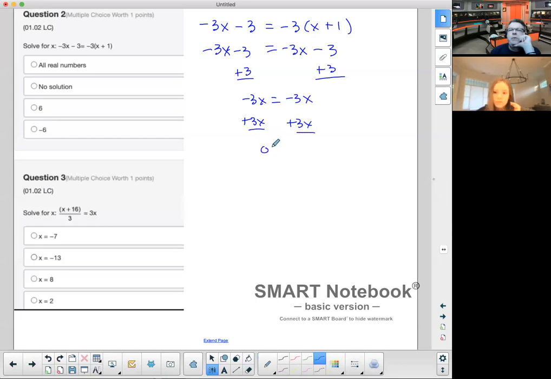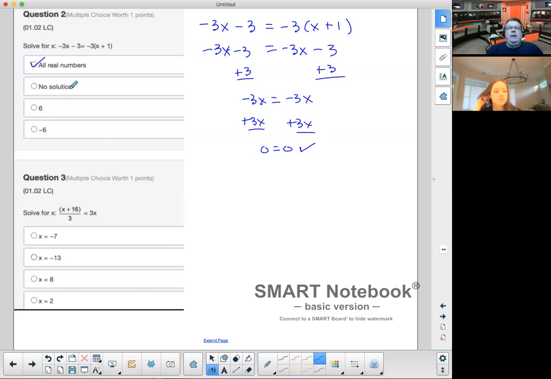And we get 0 equals 0. And that makes sense, right? 0 does equal 0. So if you boil it down and you get 0 equals 0 or 3 equals 3, or dog equals dog, whatever, if it's the same thing, that means you have an infinite number of solutions or all real numbers.